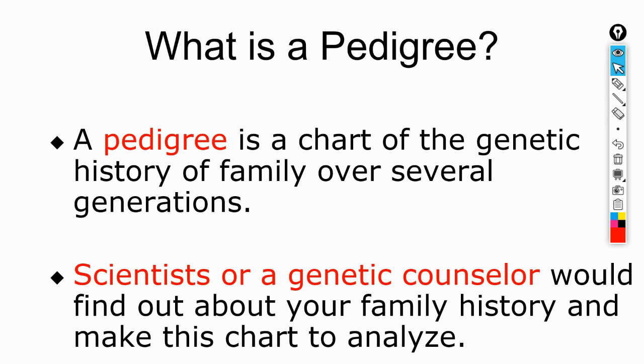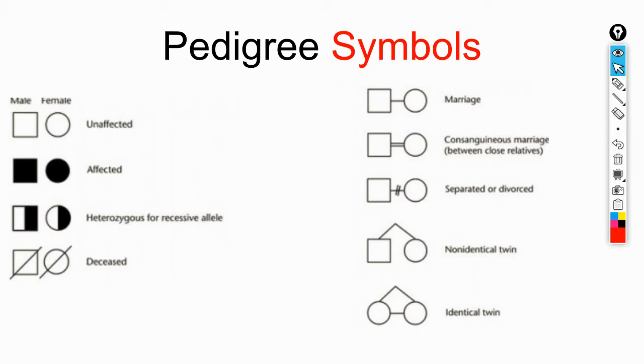These scientists or genetic counselors are able to find out about your history. They're able to make a chart, analyze it, and give you a prediction or probability of the genetic disorders that your child may or may not have a chance of acquiring from you and your significant other.